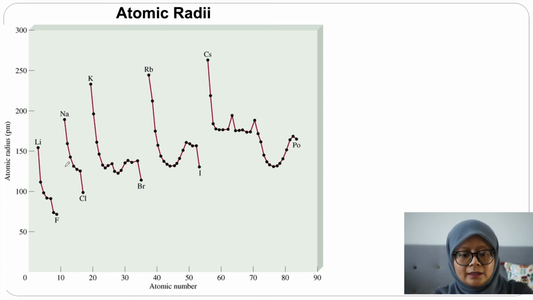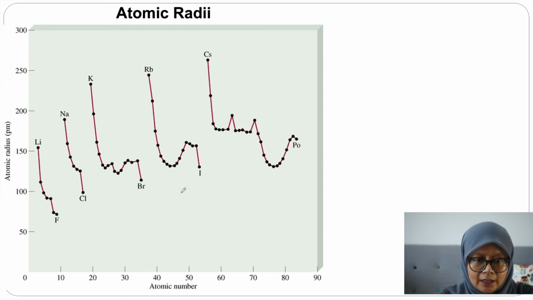So here, this is the summary of the atomic radii. Based on the diagram, it is actually across a period, from lithium to fluorine, sodium to chlorine, potassium to bromine, and so on.